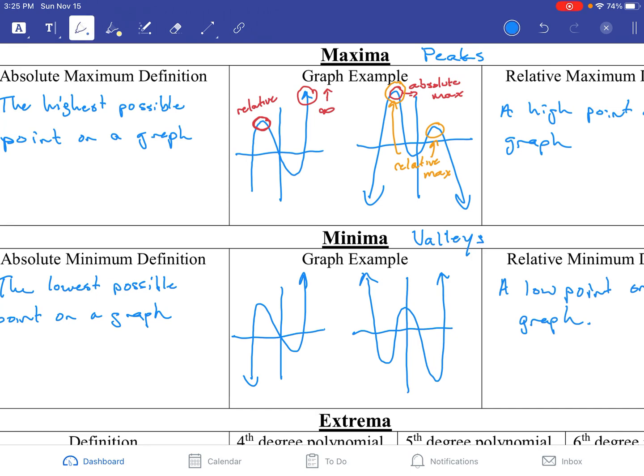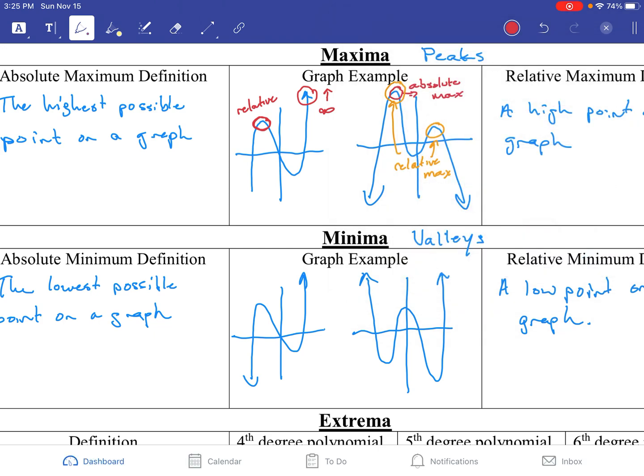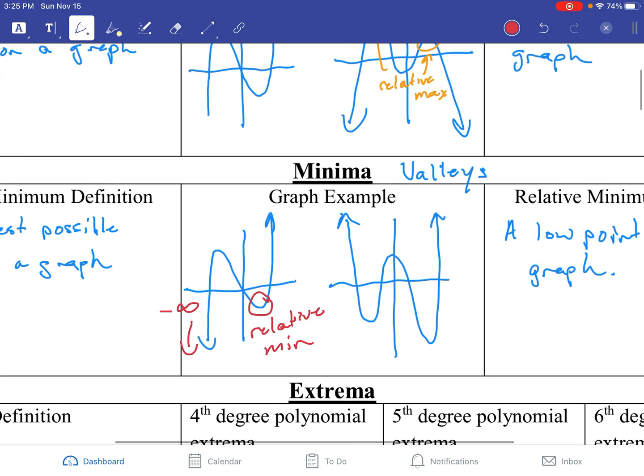So let's check out what a minimum would be. So this is a relative minimum because although it is the lowest point on the graph, that arrow keeps going down towards negative infinity, so there's lower parts, so this must be only a relative minimum. Okay, all right, so now it also has a relative maximum, but we're not talking about those right now.